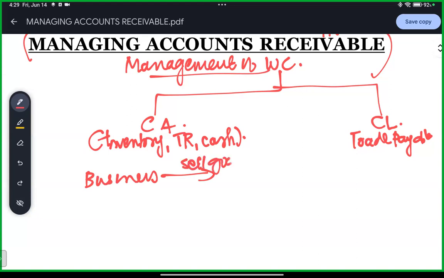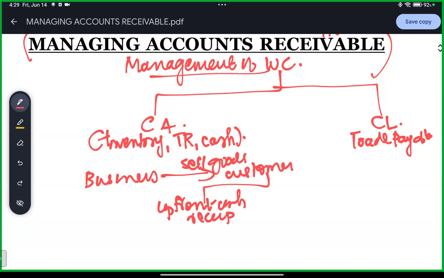to customers. You have two options here. You can make them pay ready cash, an upfront cash payment, which for us is a cash receipt, or you can provide a credit facility for them, whereby they can settle the amount at a later date.